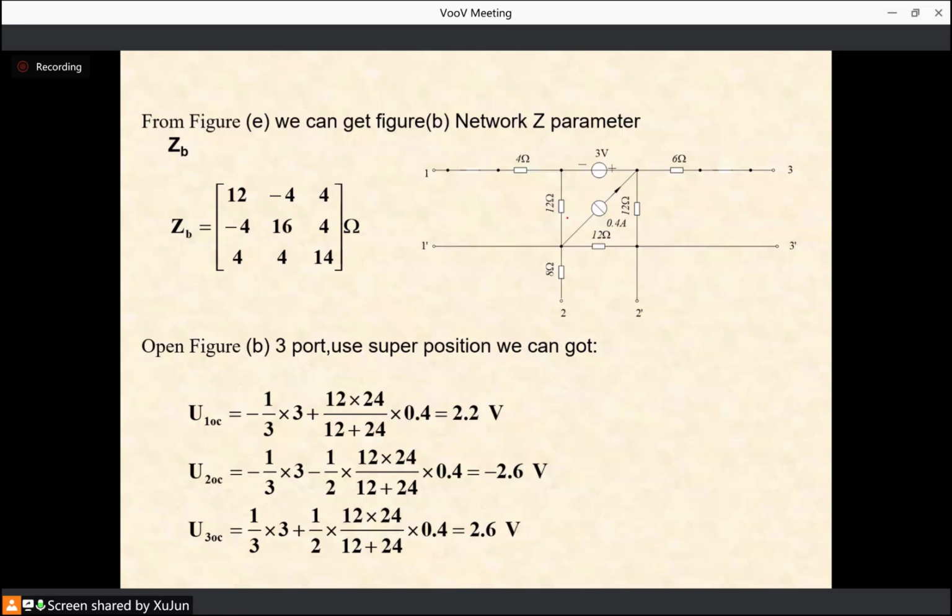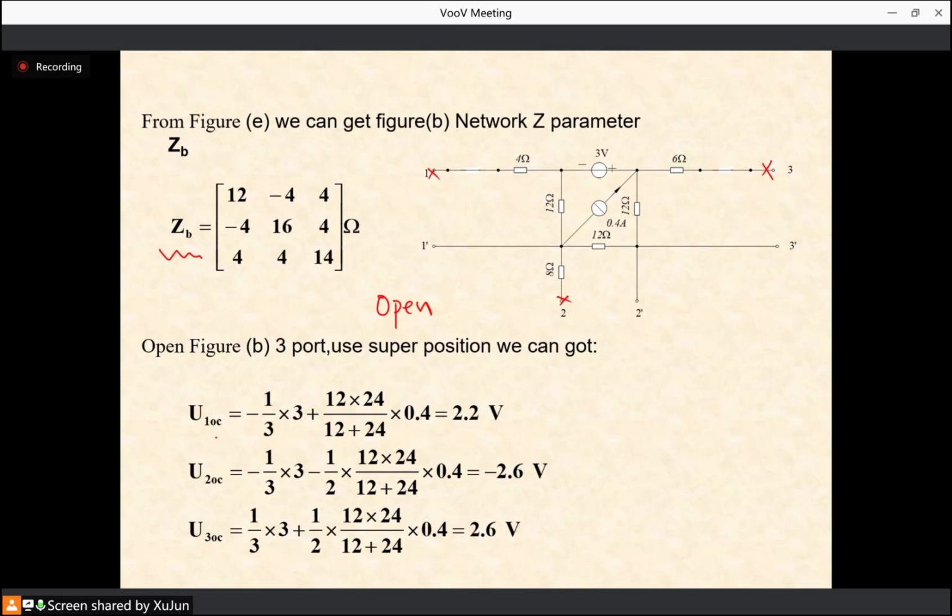For the UOC, it means we assume the inner source works alone. The outside has no source. When calculating the G parameter, no source means open circuit, so this is open. So only these two sources inside.